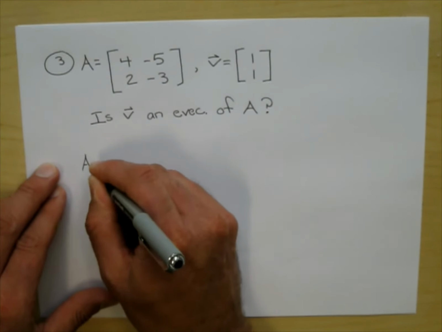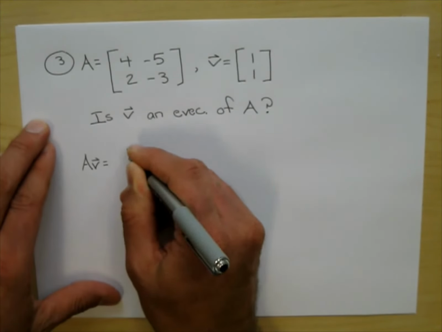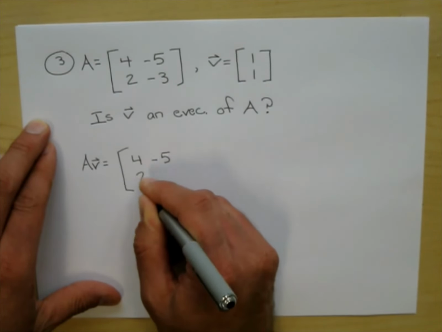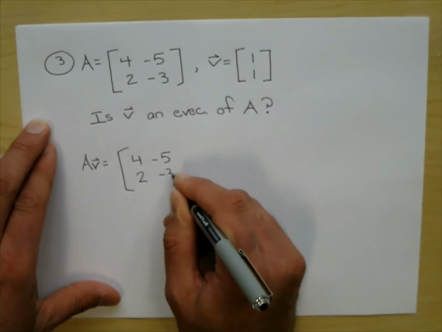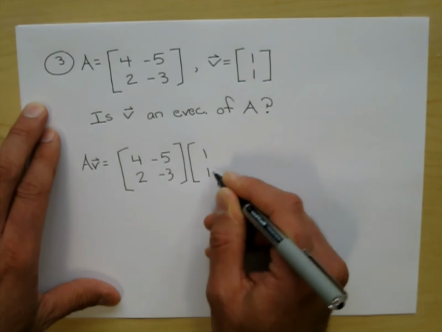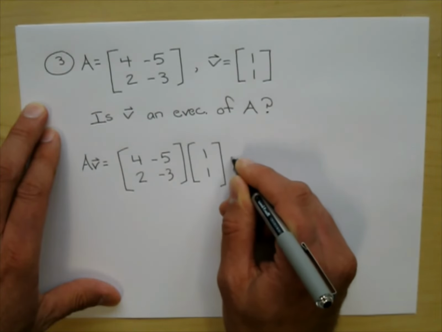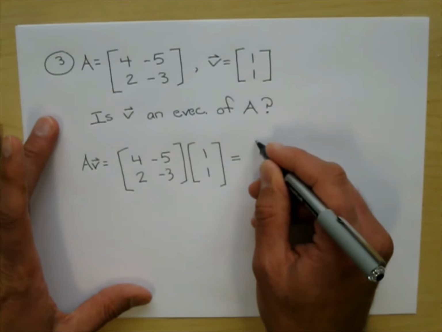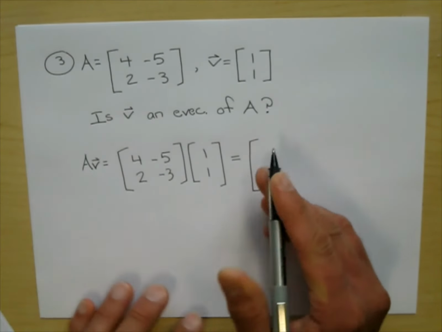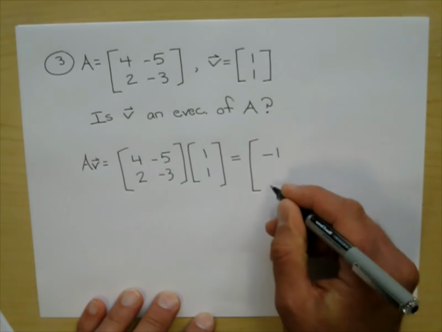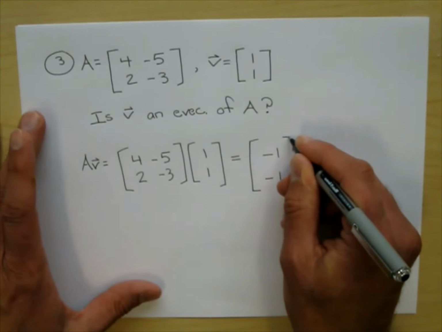We're going to go A times V. A is 4, -5, 2, -3, and V is 1, 1. So what do I end up getting here? 4 minus 5 is -1. 2 minus 3 is -1.